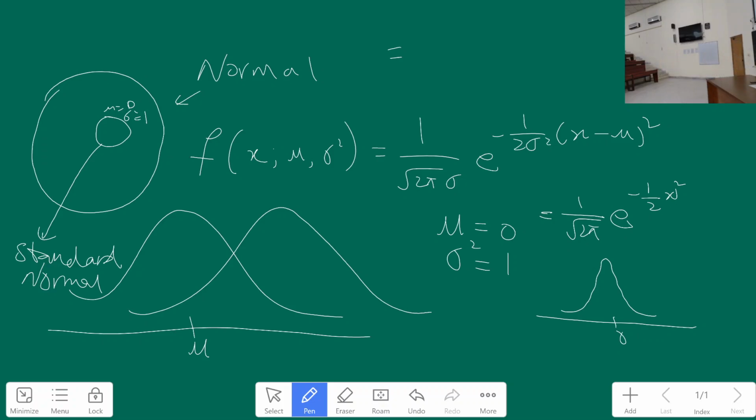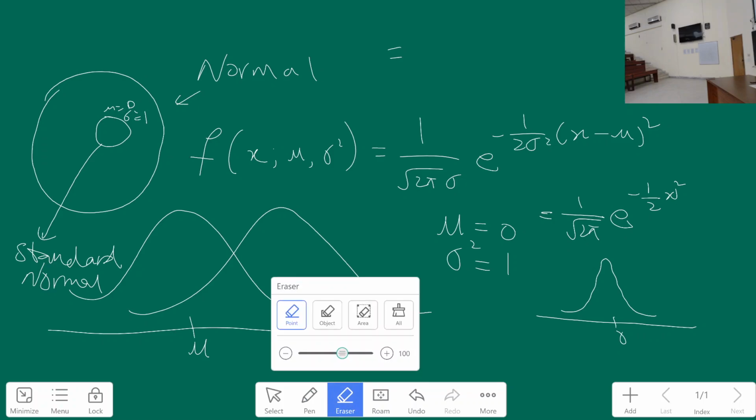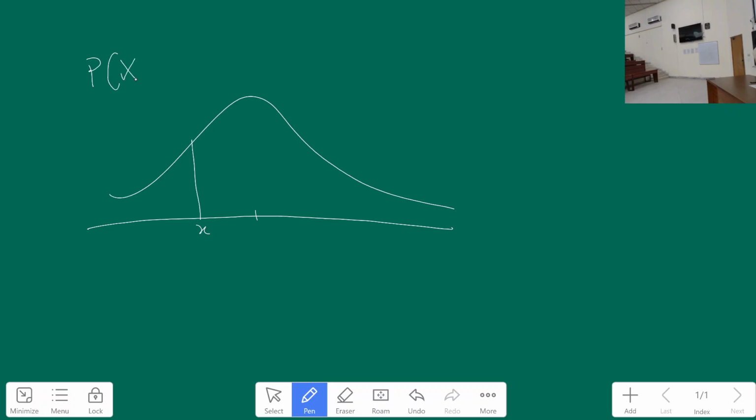Let's look at the standard normal case. So if you remember, let's say there is a random variable distributed as a Gaussian distribution. Let's say this is small x. What is the probability x is less than x?